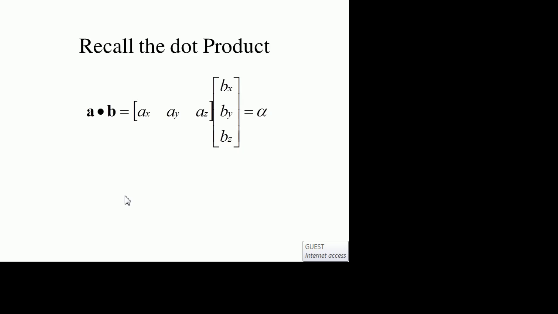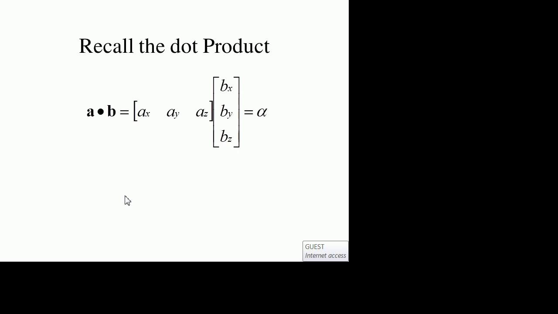A dot product is when you take two arrays and you multiply them together, and then after the piecewise multiplication, you add it all up. So if you were to write this out, it's AX times BX plus AY times BY plus AZ times BZ. That's a dot product. Got that?